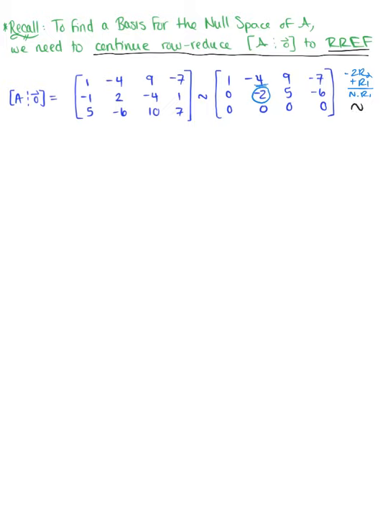And so this is equivalent to the matrix 1, 0, negative 10 plus 9 leaves us with negative 1. Positive 12 minus 7 is 5. And then 0, negative 2, 5, negative 6. And the third row is still all zeros.